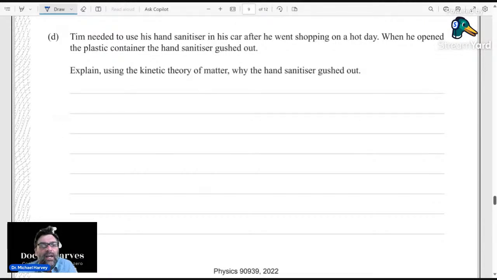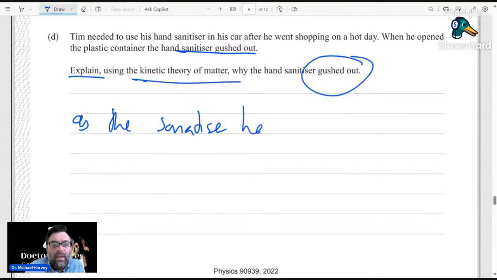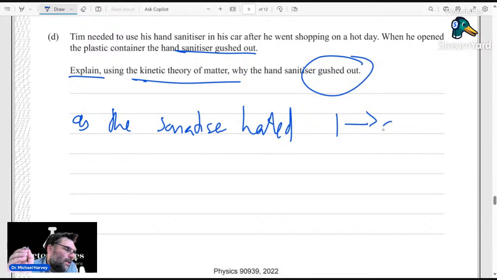Okay, so last question. Tim needed to use his hand sanitizer in his car. Okay, when you open the plastic container, all the hand sanitizer gushed out. So explain, again, using kinetic theory of matter, so you should be revising that before Friday, why the hand sanitizer gushed out. Okay, so as the sanitizer heated, it went from being a liquid to a gas.